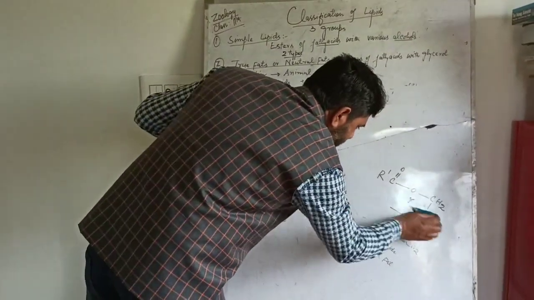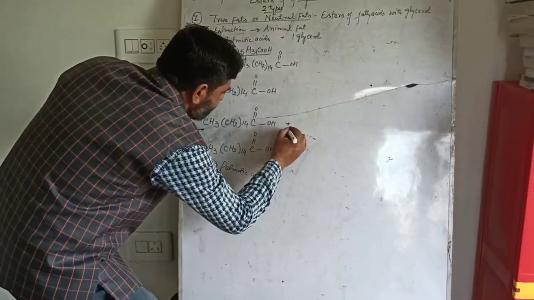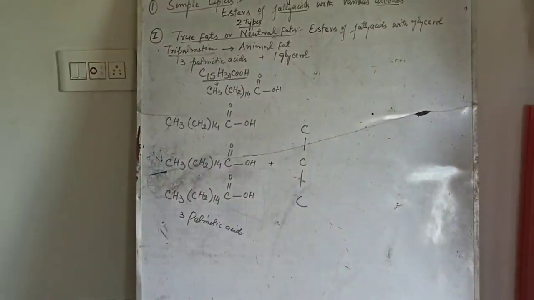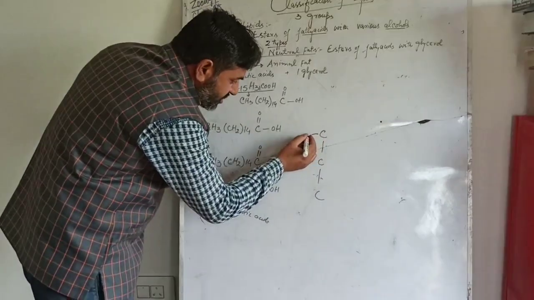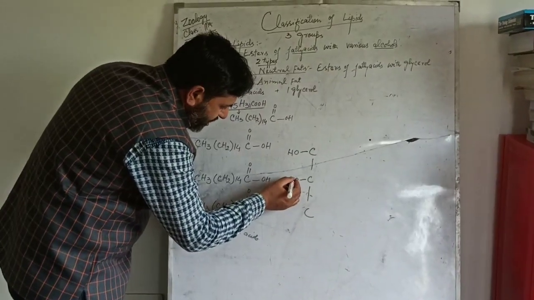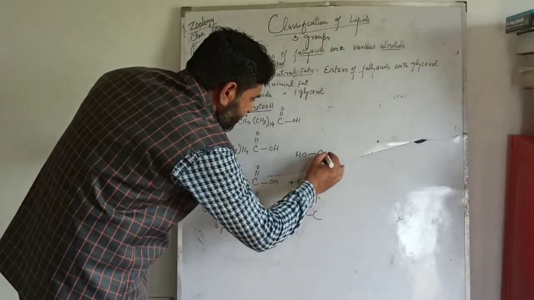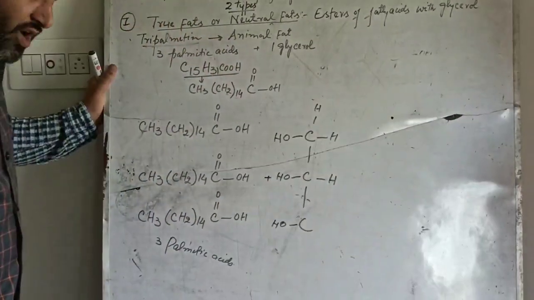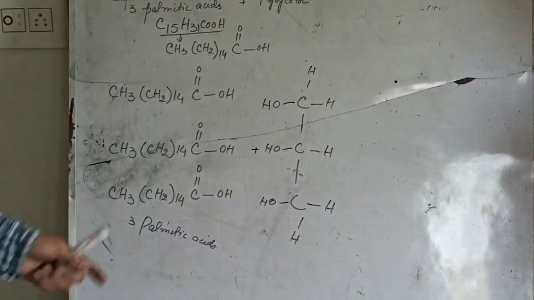Now we will take 1 glycerol molecule, and you know that the glycerol molecule consists of 3 carbon atoms. Each carbon atom contains a hydroxyl group, OH group. To maintain the valency, there are 2 hydrogen atoms on carbon number first, 1 hydrogen atom on carbon number second, and 2 hydrogen atoms on carbon number third.